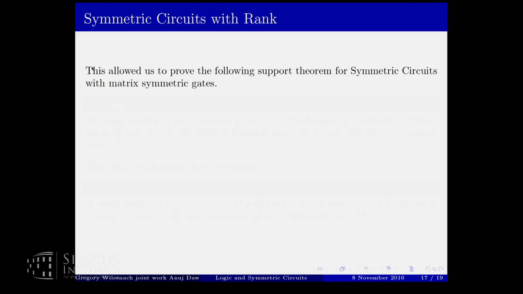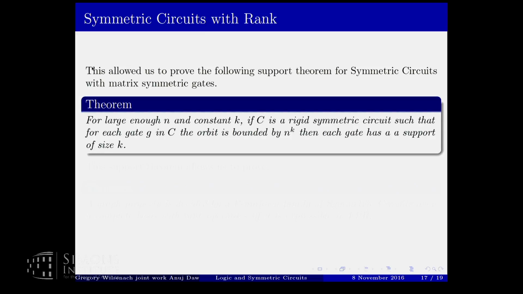And what we ended up doing was proving a support theorem for symmetric circuits with matrix symmetric gates. So take the ordinary basis, and allow these additional matrix symmetric gates on top of symmetric functions. And in fact, we can prove that in the event that the circuit is P-uniform, every element of the circuit has a constant size support.